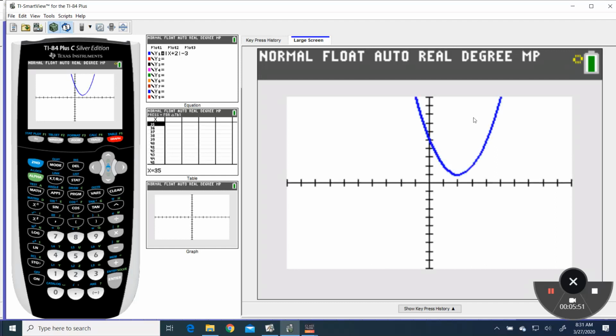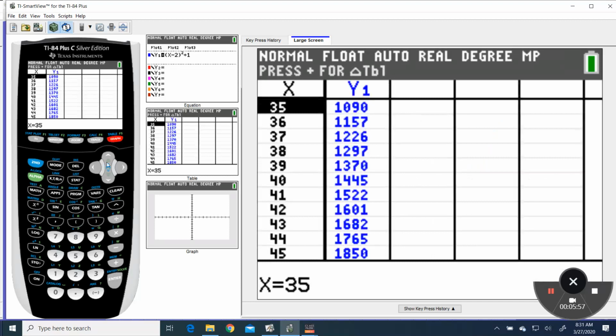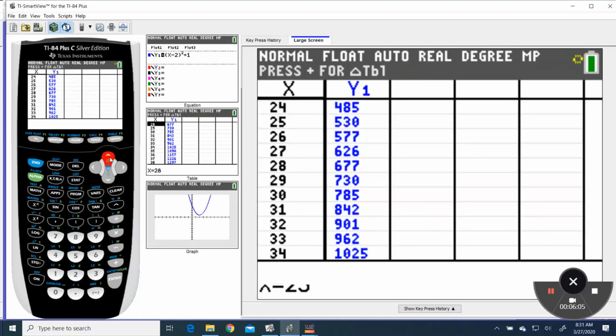You put in the inequality, it'll shade for you. If you need to see those points better, you hit second graph. And you move it back to where it needs to be so that you can see it. Eventually it'll get there.